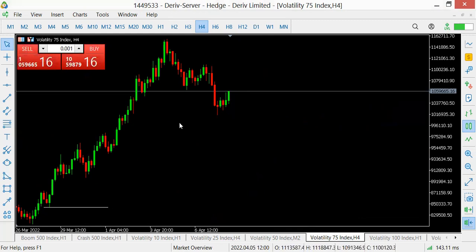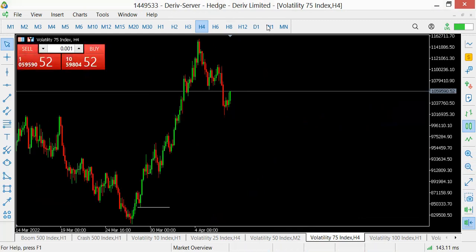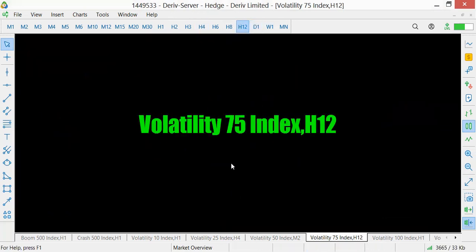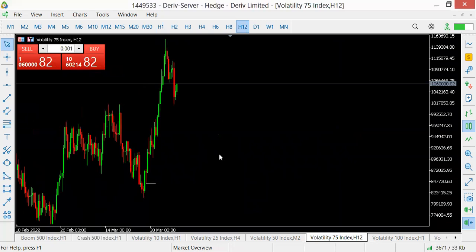Wow, this is actually a nice setup. Let's look at the daily time frame to be able to see what the market is doing. So guys, after analyzing VIX75, we'll be stopping here so as not to make the video too lengthy.